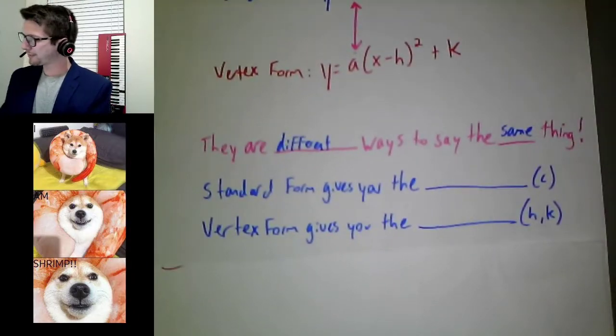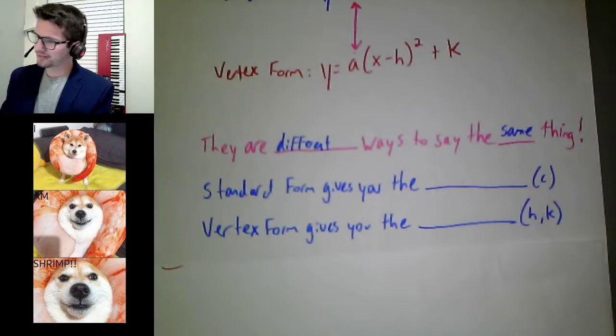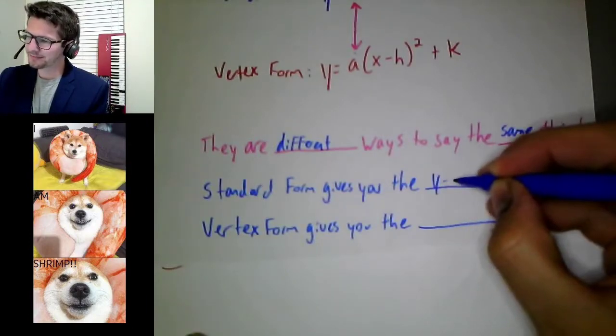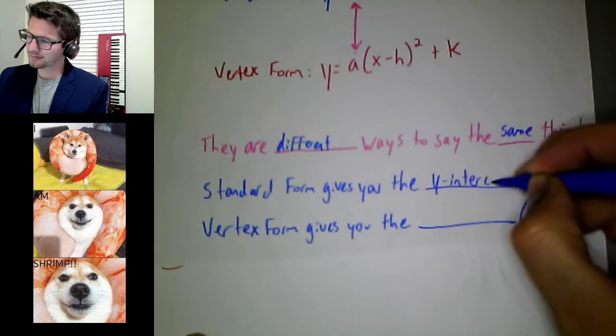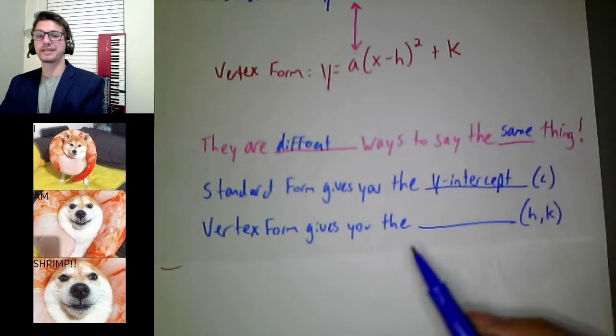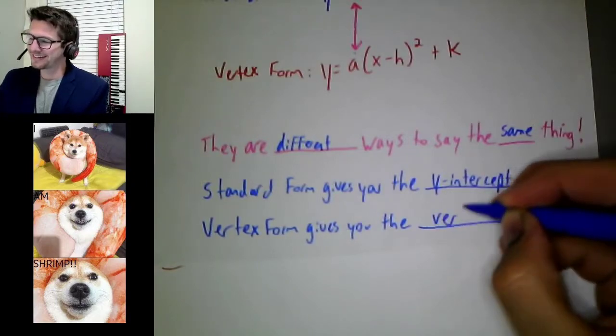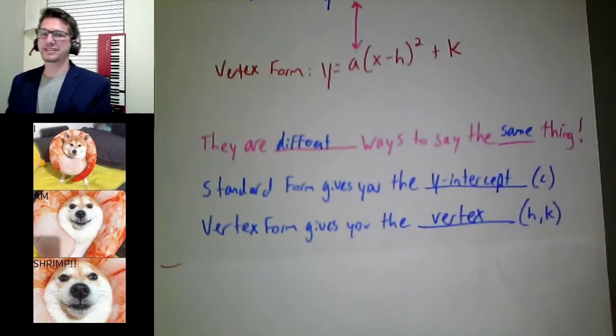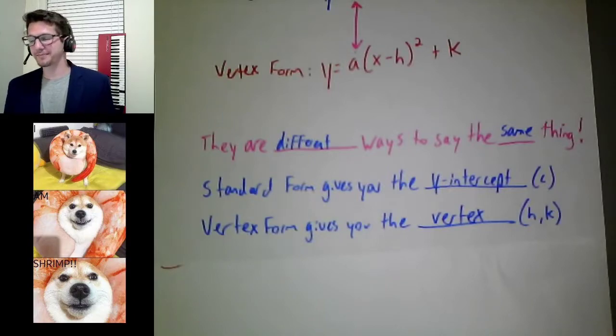Standard form is nice enough to give us the y-intercept by the letter c. And vertex form gives us the vertex with our h and k. We hammered that home a lot. Standard form gives us the y-intercept, vertex form gives us our vertex.